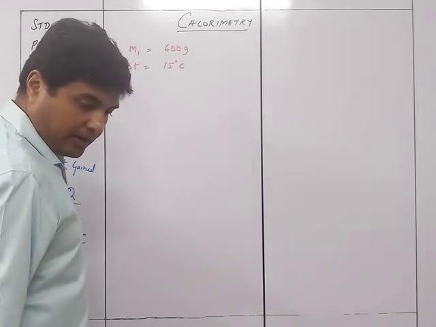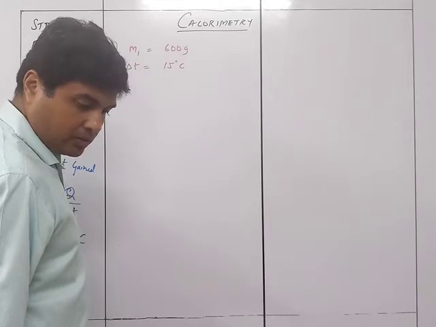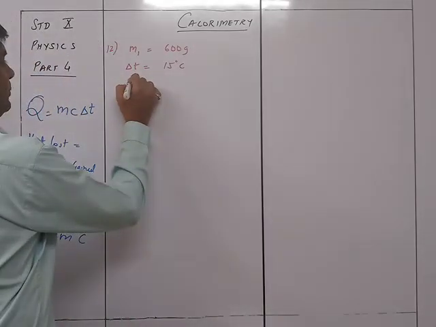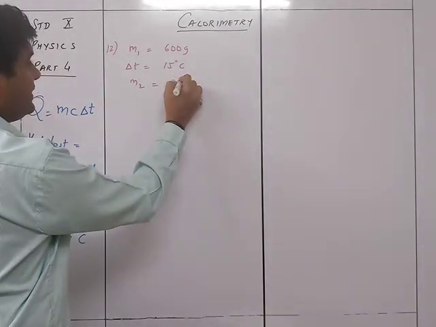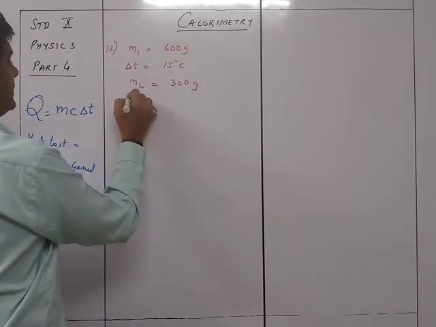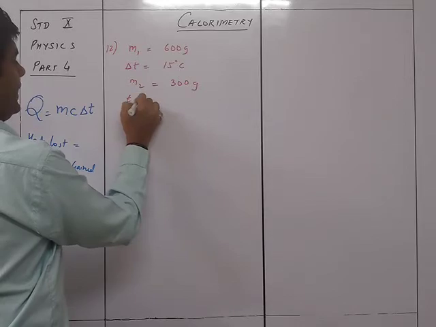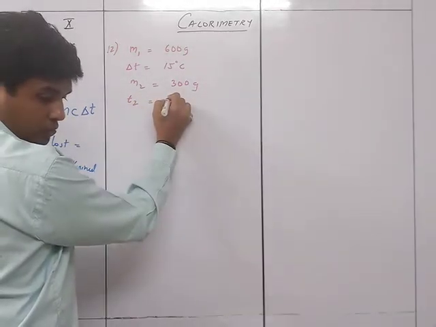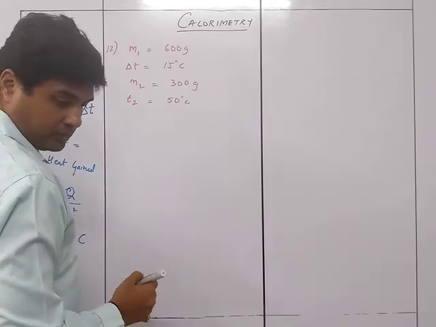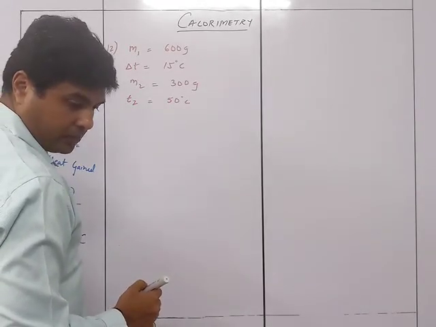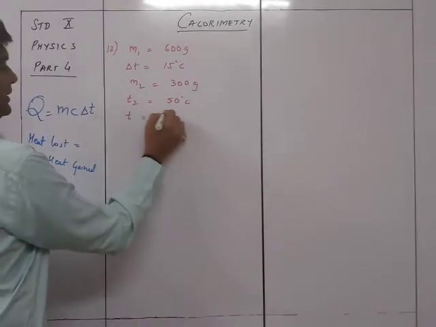Okay, and M2 is equal to 300 grams with T2 equal to 50 degrees Celsius. What is the initial temperature? We need to find out T in this case.